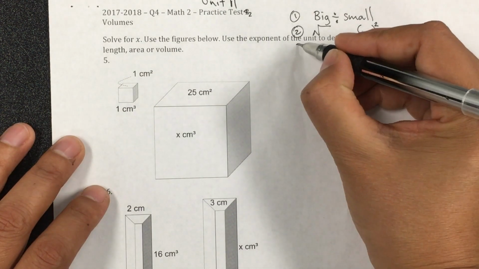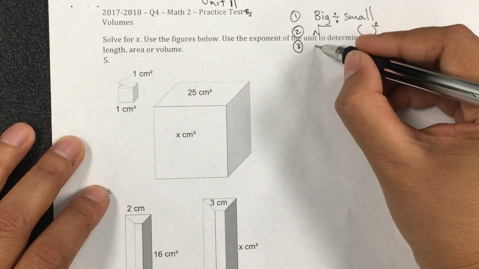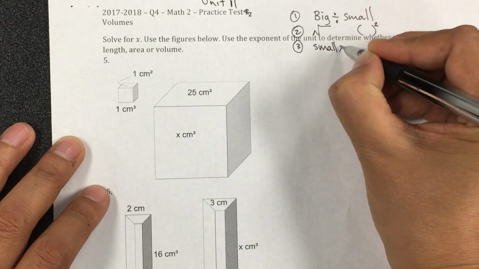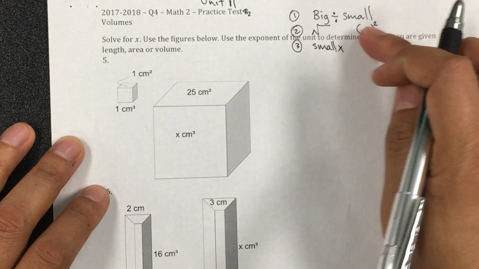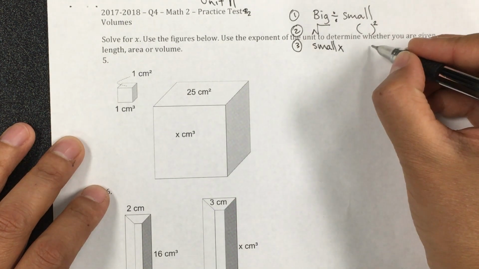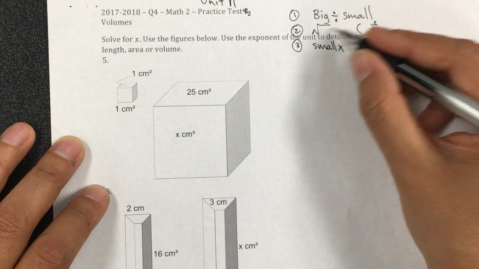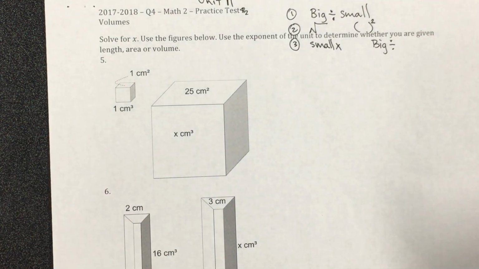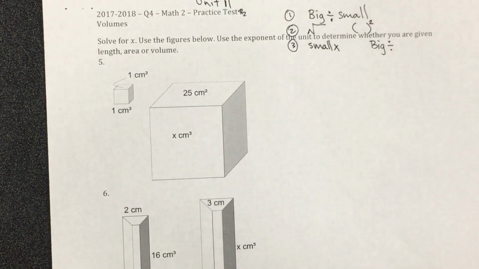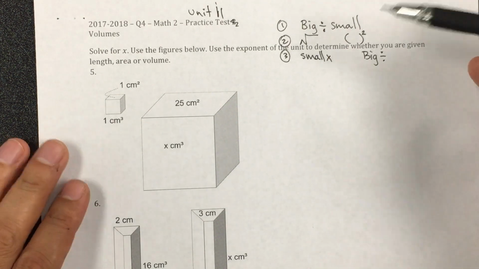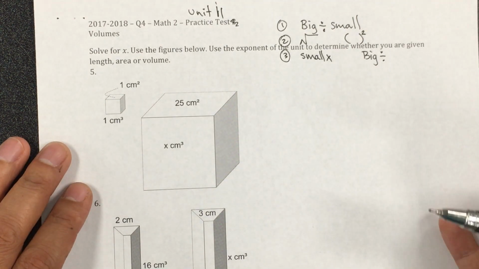So the third step is to either multiply the small one times whatever we get from answer 2, or divide the big one by the answer that we get here. So it all depends on what figure. Since you have seen this lesson right now; if you haven't seen the lesson, it's going to be confusing, but if you saw the lesson, then this will make sense.